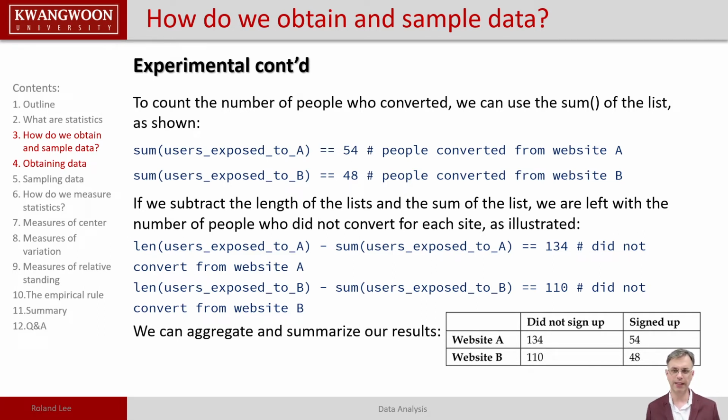This is what we get in the table. So we can aggregate and summarize our results in this table. Now this represents our experiment of website conversion testing, and we can quickly see some descriptive statistics. We can say that the website conversion rates of the two websites are the following.